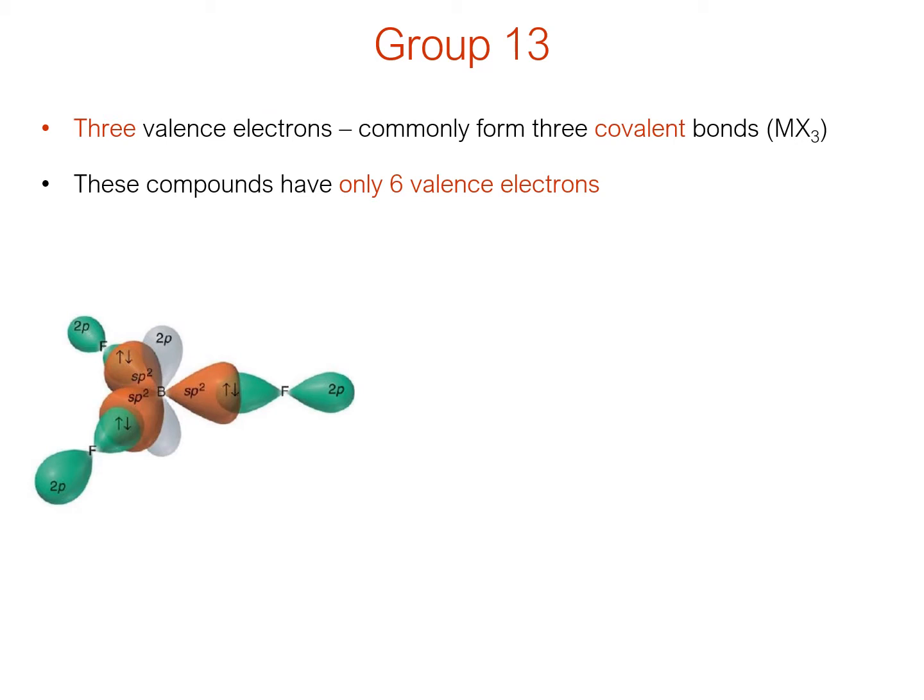So the bonding in general is dictated by the fact that there are 3 valence electrons, and they commonly, although we'll see a few examples where it's not right, form 3 covalent bonds. So these compounds only have 6 valence electrons, therefore they're electron deficient, and they have 1 empty p orbital that can act as a Lewis acid.